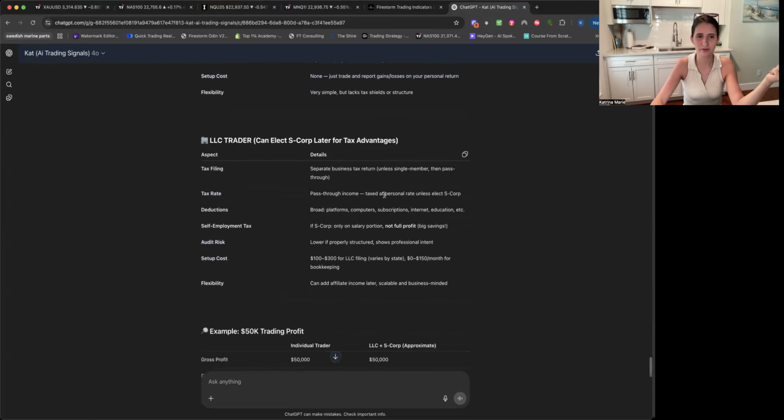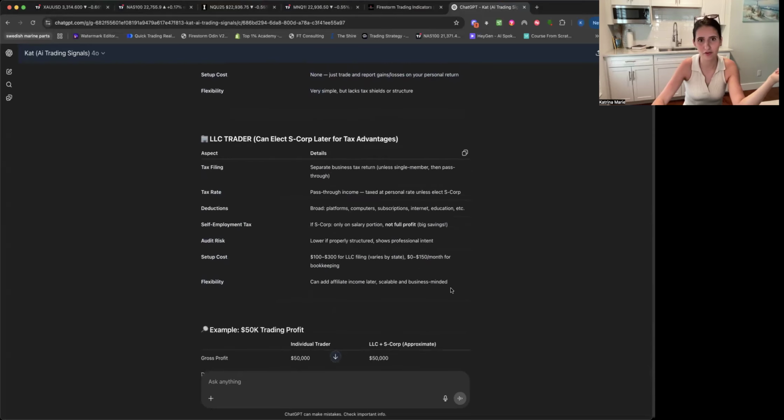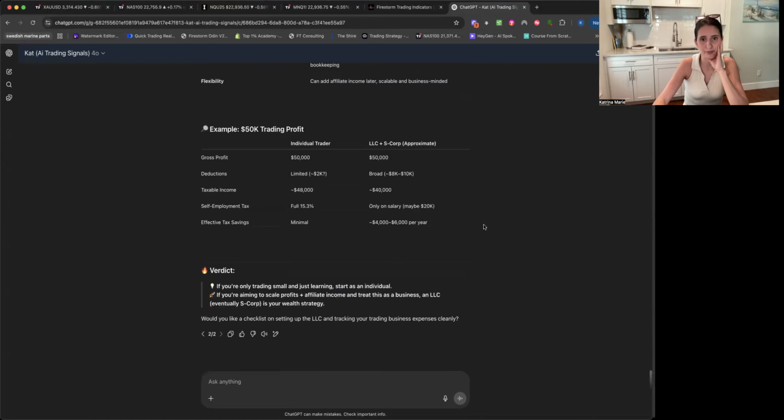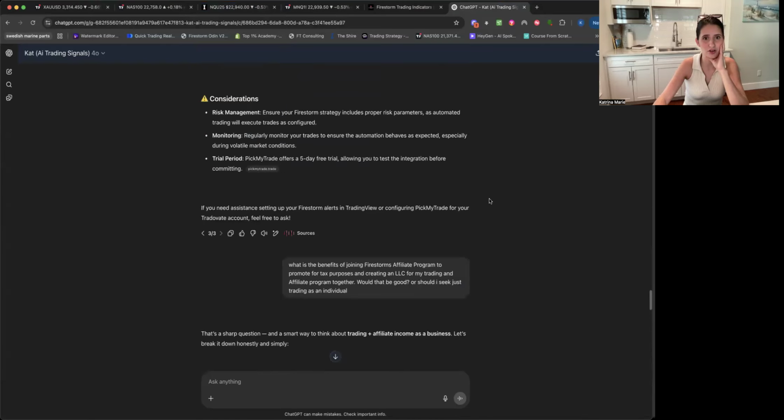You're paying a lot more, per se, if you turned it into an S Corp or an LLC, stuff like that. This is what my accountant told me. So, with that being said, ask the GPT, ask your accountant, because I get this question as like my number one question all the time. Give you all the details on it.